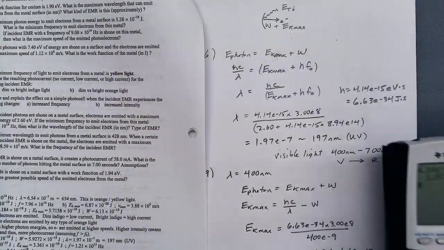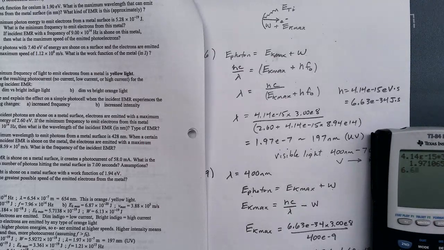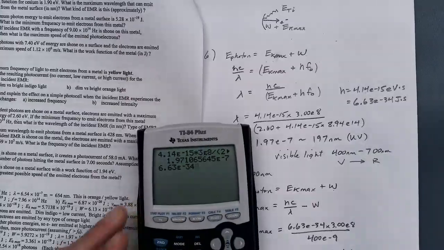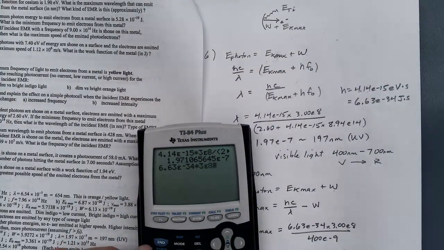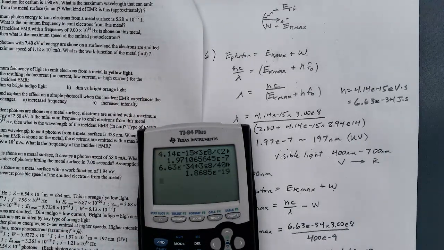So let's do this calculation here. 6.63 exponent negative 34 times 3 exponent 8 divided by 400 exponent negative 9. Take away 1.94 times 1.6 exponent negative 19. All right, I got 1.8685 e negative 19 joules.